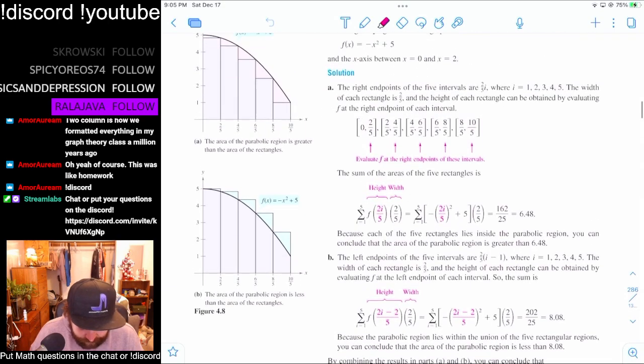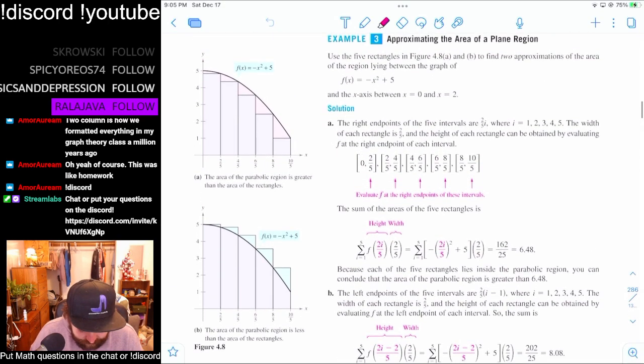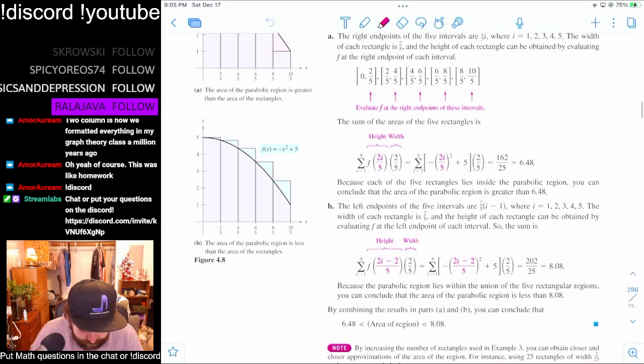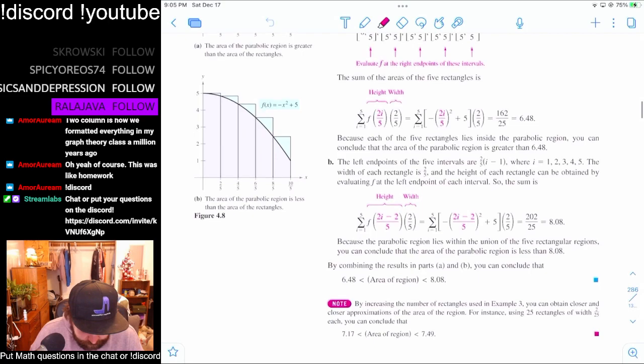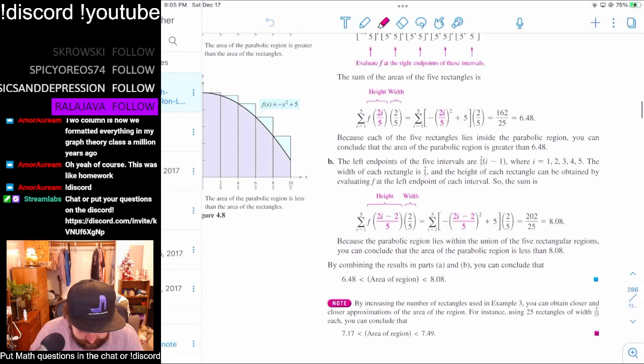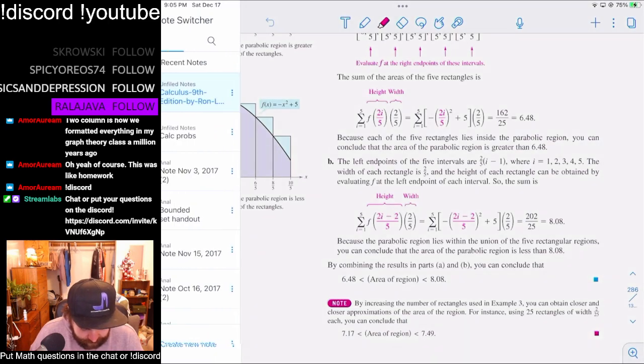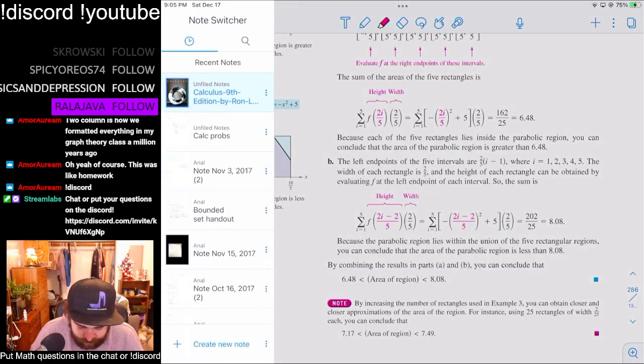We didn't, and we were actually really far off. So we did the same stuff they did. We just added it wrong. They got 162 and 202.